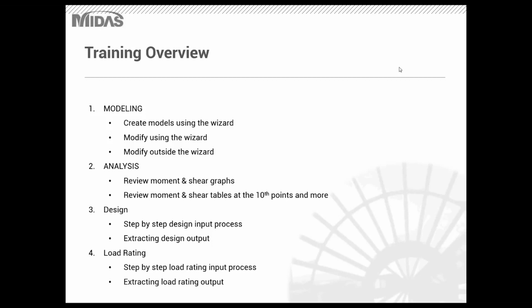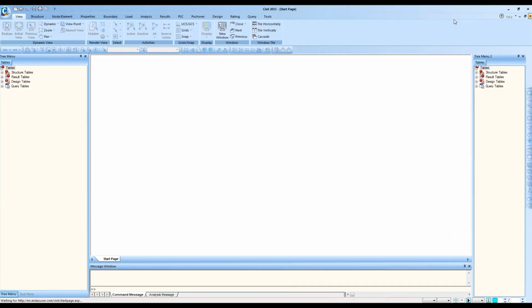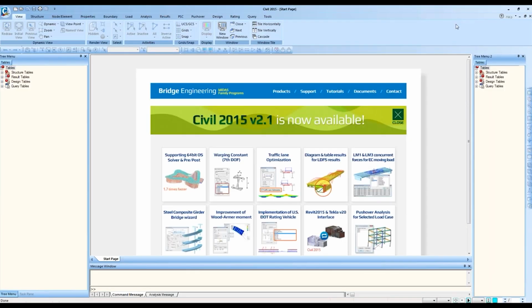Now I'm going to open the program. Regarding how to check which version you have, you can go to the top corner of the program, where you're going to see an option called About MIDAS Civil.